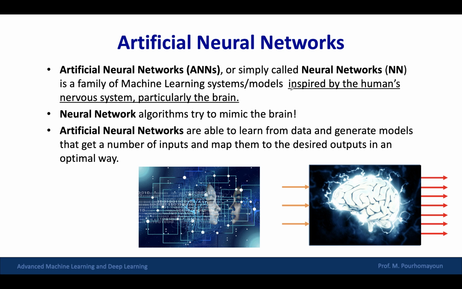An artificial neural network can learn from data and generate models that get a number of inputs, exactly like our brain. It gets inputs, in this case the features, and generates some outputs or commands, as we have for our brain.